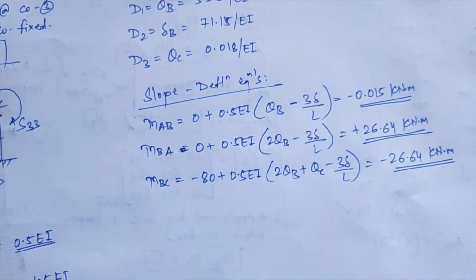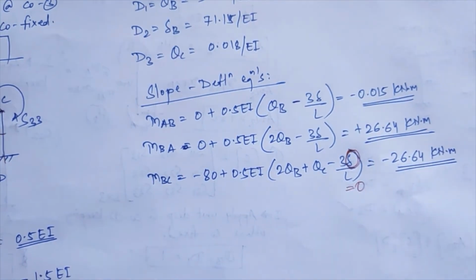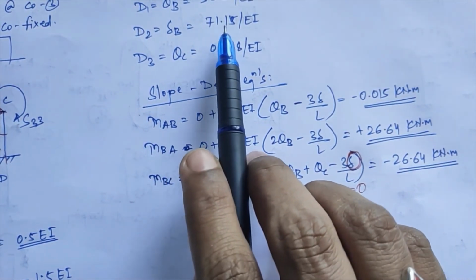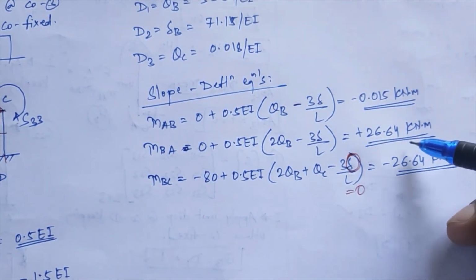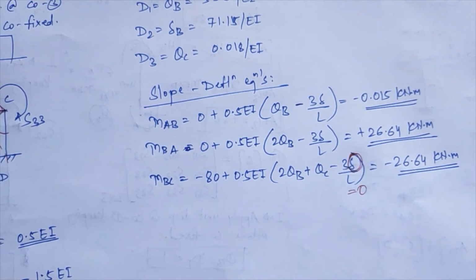But here, for the sway frames, this delta value will always be equal to 0. If you do not substitute this 71.15 in this equation, these values will not get matched for your conditions of equilibrium. I have told you the assumptions in sway frames: these sway frames will only harm your column members.